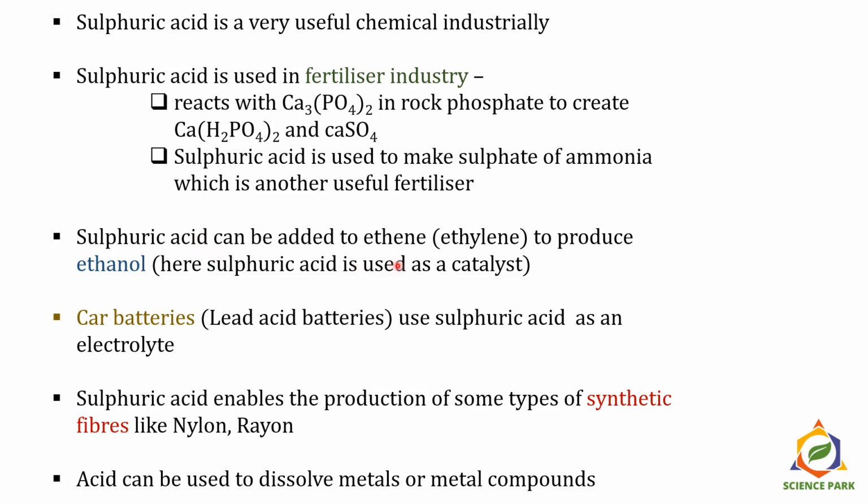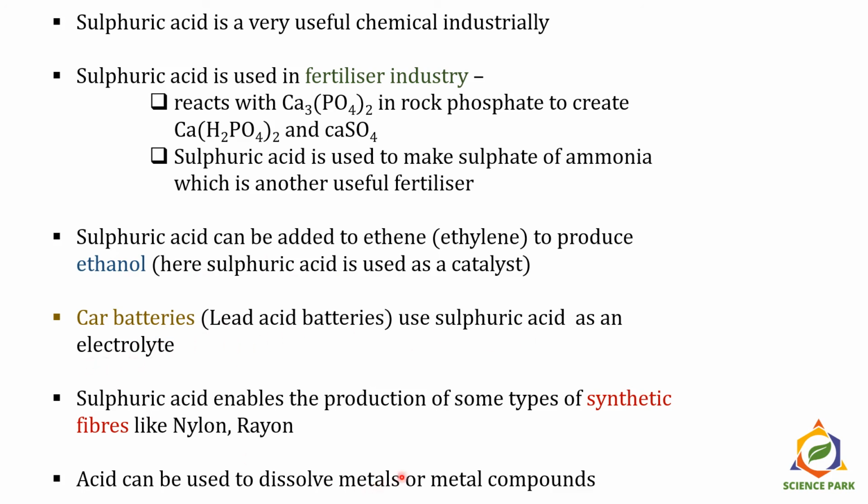Sulfuric acid can be added to ethene or ethylene to produce ethanol. Here sulfuric acid is used as a catalyst. So you have to add water to ethylene or ethene and pass sulfuric acid fumes over it. It produces ethanol. Sulfuric acid is used in car batteries, which are lead acid batteries, where sulfuric acid is used as an electrolyte.